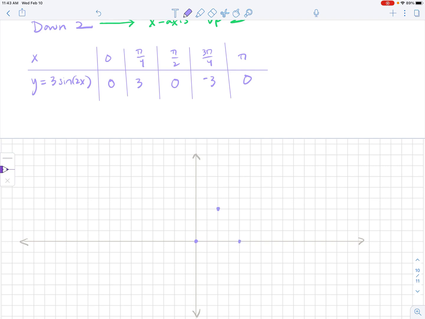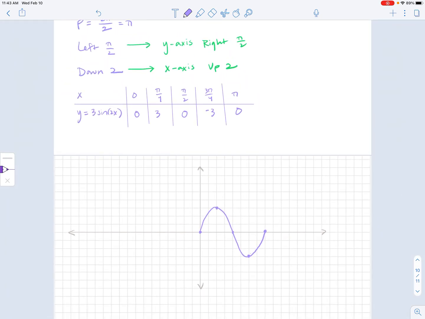So I'm at 0, I go up to 3, down to 0, down to -3, back up to 0. So that's 1 period. You could extend before you perform the shift with moving the axes, or you could extend after. I'm going to move the axes now.